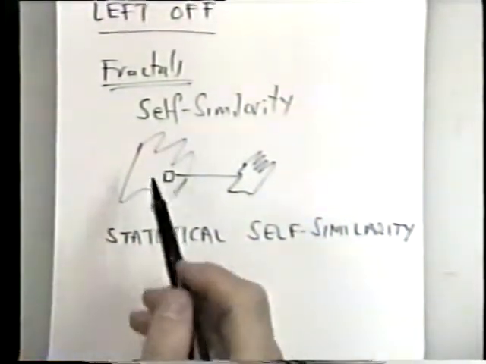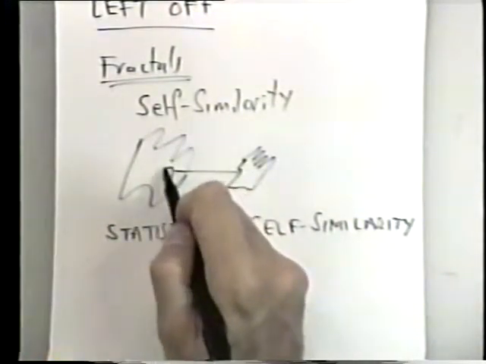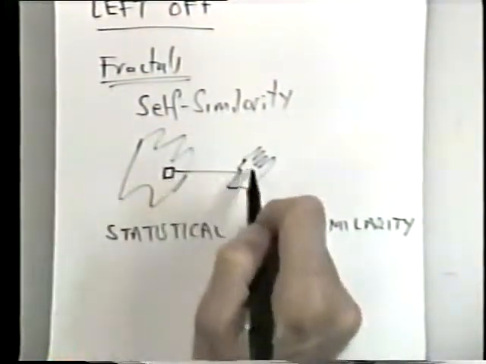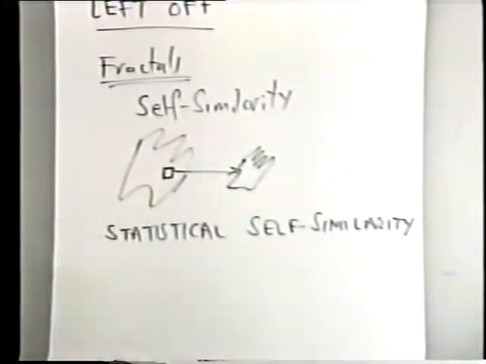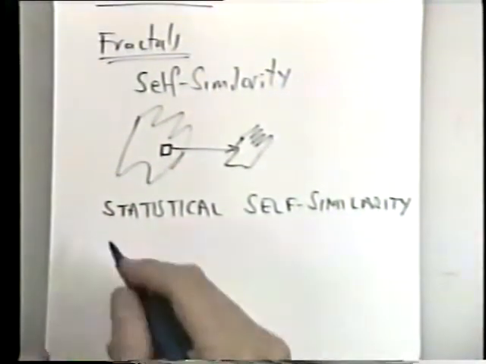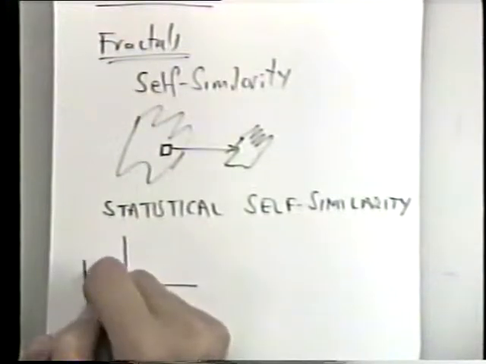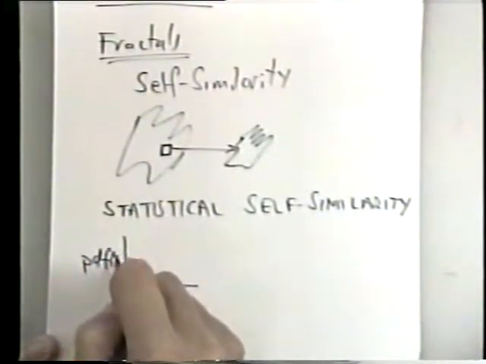Because it's not true that things are exact copies of their larger pieces, but they're approximate copies.